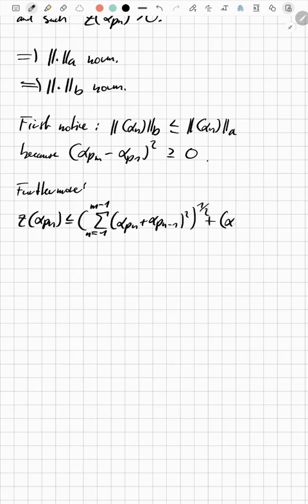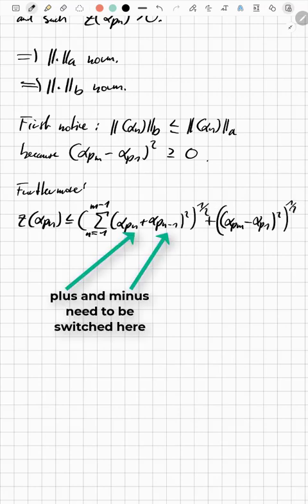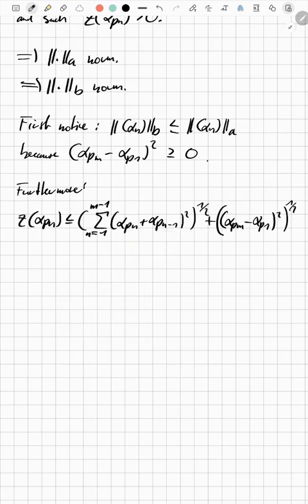So here we have alpha Pm minus alpha P1 squared, and also the square root again. And this and this will both be less than or equal to the square root of 2 times the B norm of alpha n. And yeah, the same goes for this.